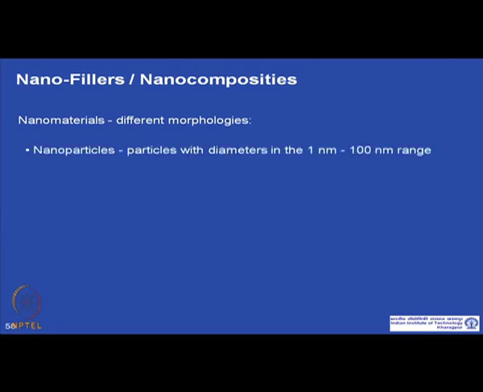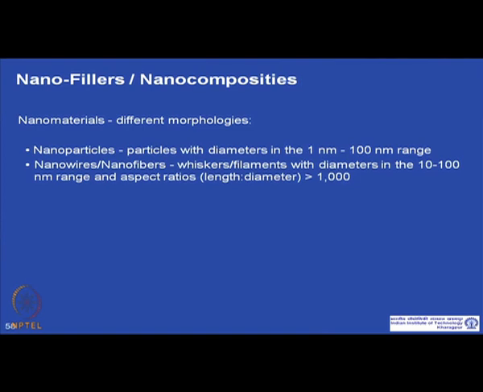They are particles having diameter between 1 nanometer to 100 nanometer range. It could be silica particles, titanium dioxide, conducting particles, and so on. There are many examples of such nanoparticles.